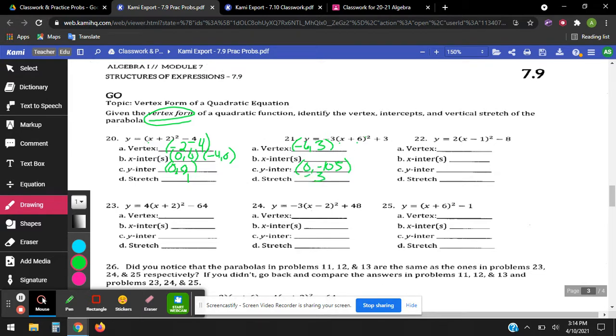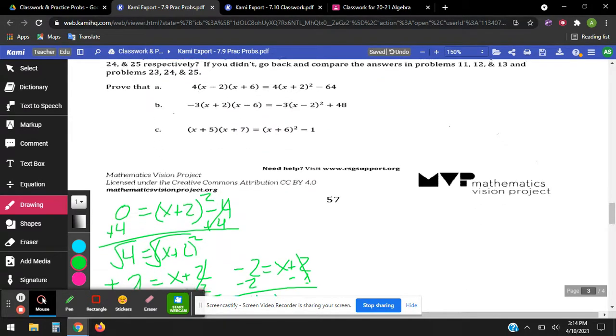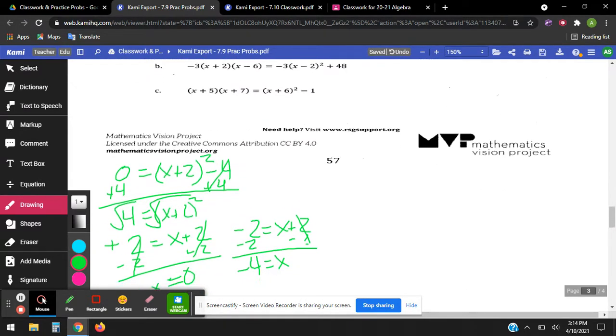So now I'm going to go down and work on my x-intercepts. So I'm going to write my 0 equals negative 3 times x plus 6 squared, plus 3. Okay, so I'm going to minus 3 from both sides.